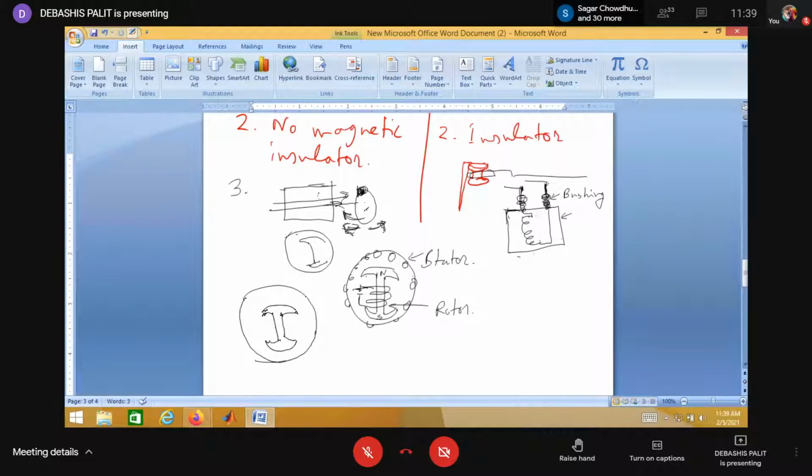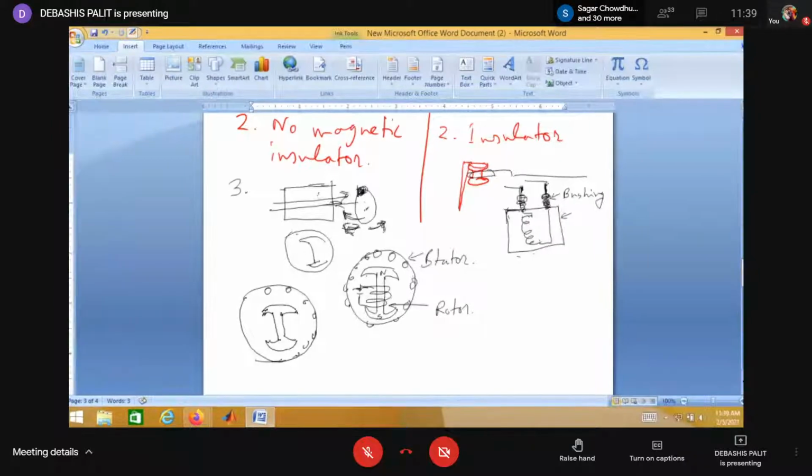This is simple magnetic material, okay? Different conductors are there in the stator. In a reluctance motor, this portion is simple magnetic material, no magnet at all. This is your rotor part, and this is your stator part. In the stator part there are different slots and windings.